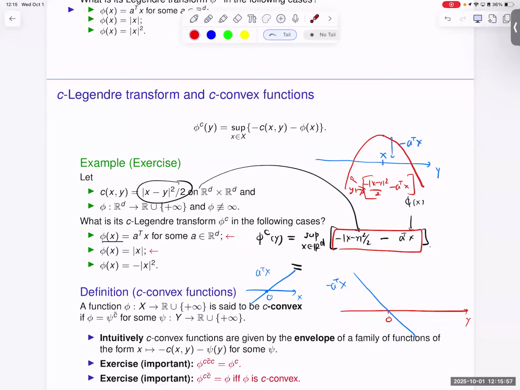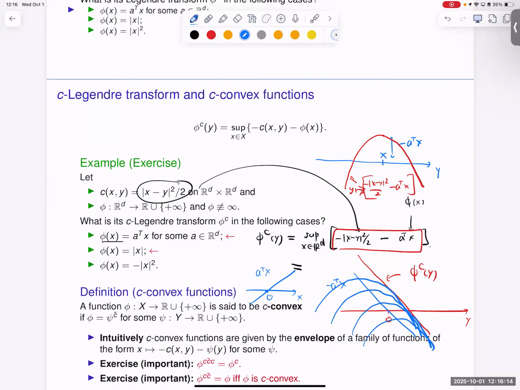So this will be phi c y, while you have all these paraboloids sliding along this line. Okay, am I making sense here?